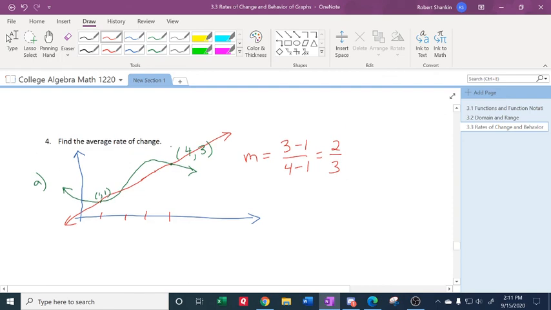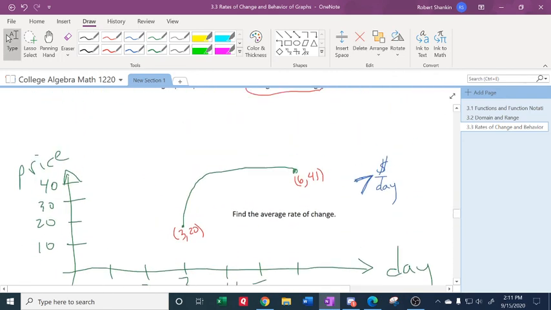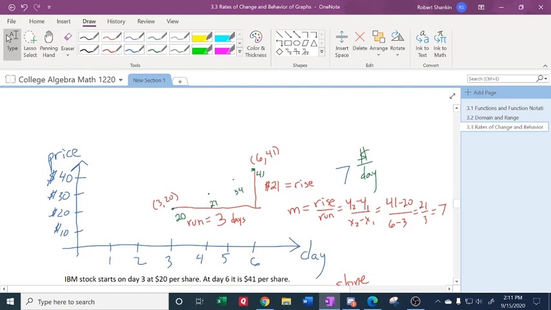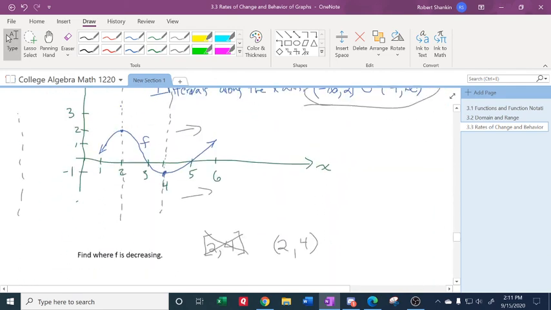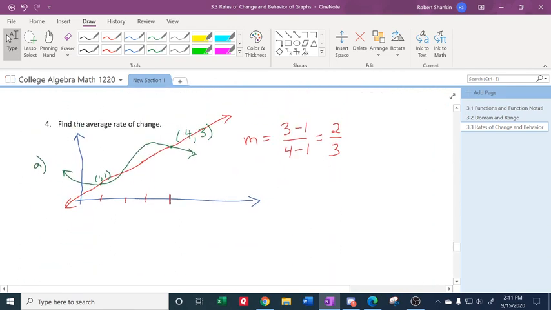Just like we saw when we did the sevens. You went right 1 up 7, right 1 up 7, that would take you from the first to the last point. That's what the slope will do between those 2 points right there. And it's also this.